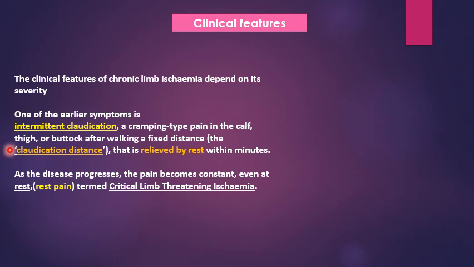This pain is relieved by rest within minutes. As the disease progresses, the pain becomes constant, and even at rest the pain is felt. At this stage, it is known as critical limb-threatening ischemia.